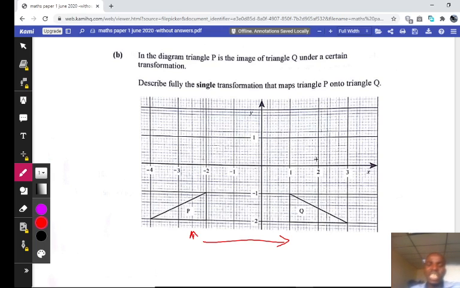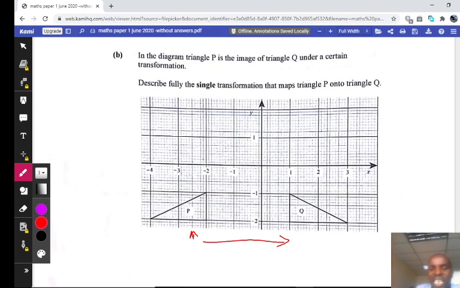The distance of the image from the line of reflection is exactly equal to the distance of the original shape from the same line. Under reflection, you have to state that it's a reflection, which is one mark. The second point is to find the equation of the line of reflection, the mirror line.